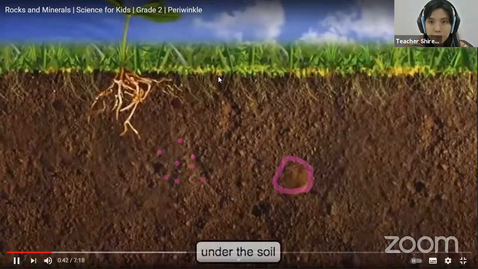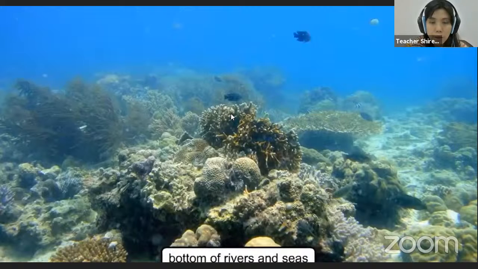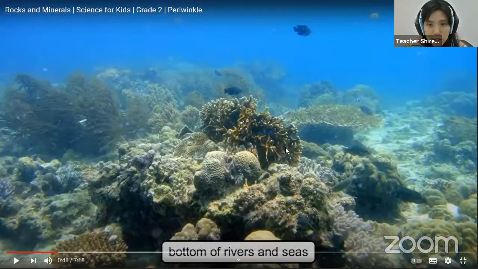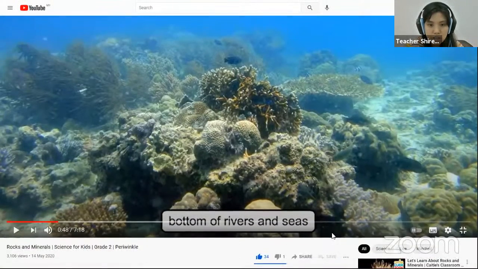Are found under the soil and at the bottom of rivers and seas. Okay, you see, these are also the type of rocks. Why we call it as corals? Because some of the corals are living plants, like all these are living plants, and some of it is actually rocks.